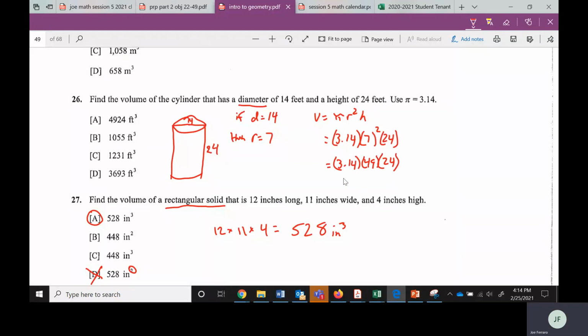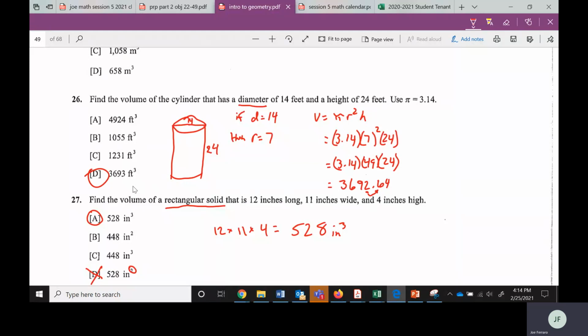Remember, parentheses all means multiplication. Now I just multiply all 3 of these. I'm going to get 3,692.64. Okay, and now we round to the nearest whole number. Looking at that and the number next to it, that would bump up to a 3. Letter D is the answer.